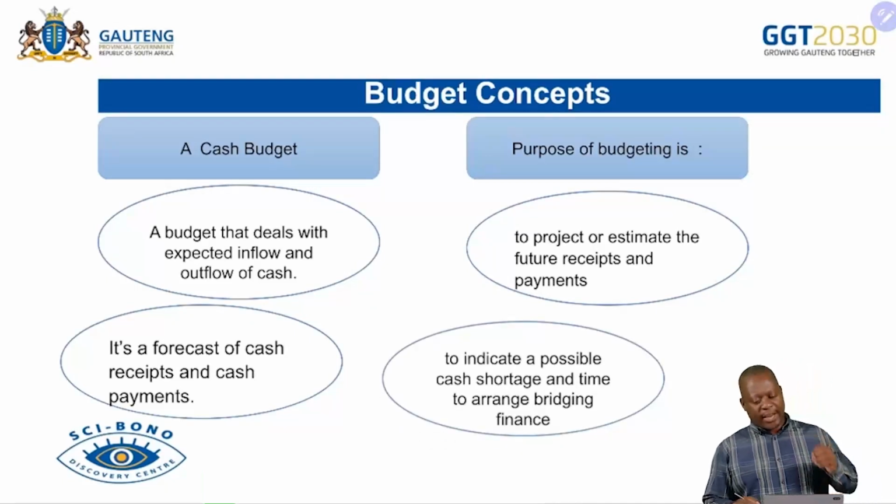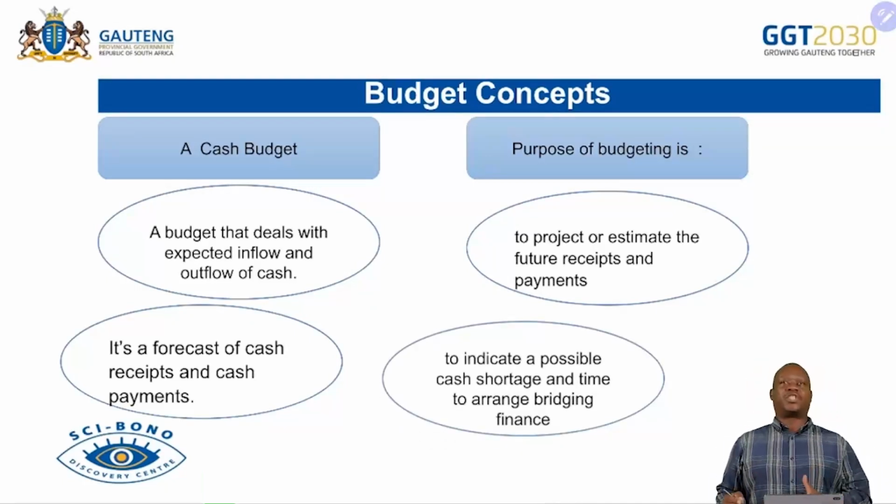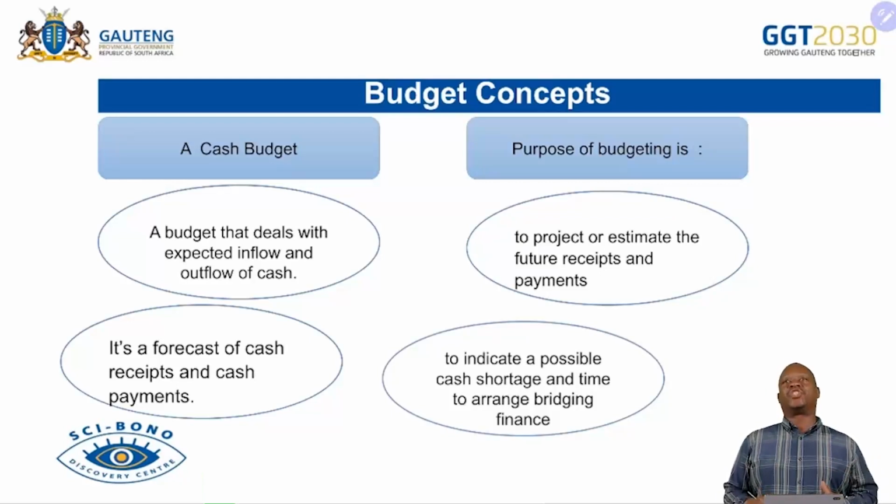It's also to indicate a possible cash shortage in time so that we can arrange to bridge the finance gap. So in other words, a cash budget tells us in July we might experience a shortage of cash so that we can plan what to do when July comes.